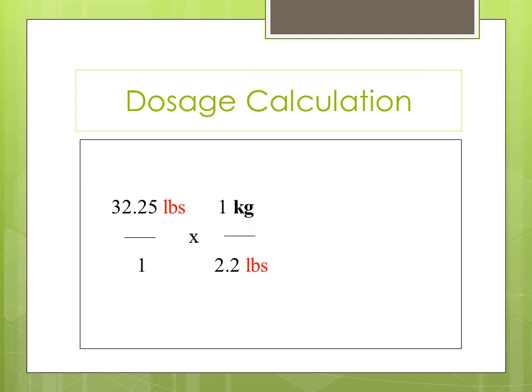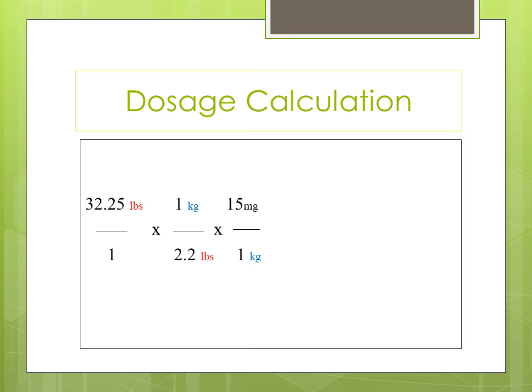To answer the question, we need the dose in milligrams. Now we're going to add another 1 by using the dose to weight ratio, 15 milligrams to 1 kilogram. We place the kilogram on the bottom to cross out both kilograms, which gives us our desired indicator, milligrams.